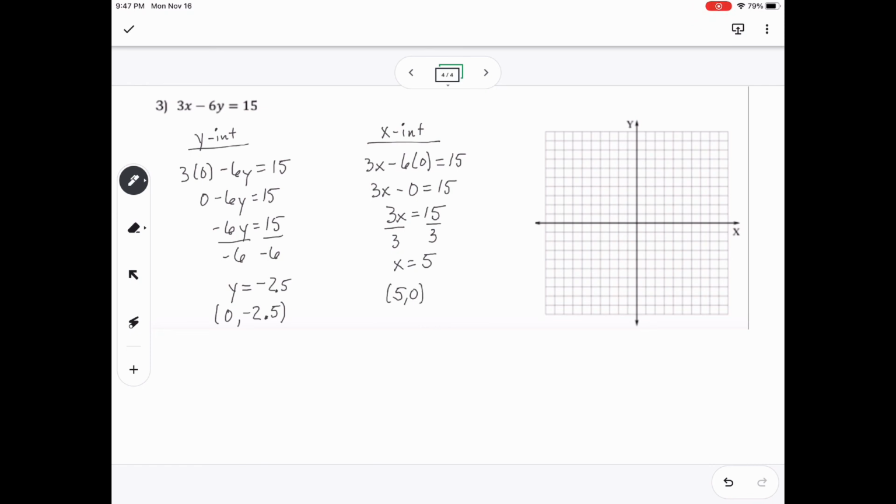And so then now I want to plot that. So 5 would be 1, 2, 3, 4, 5 right there on the x-axis. Okay. And then here, now I'm going negative 2.5 down. So 1, 2, that gets me right in between negative 2 and negative 3.